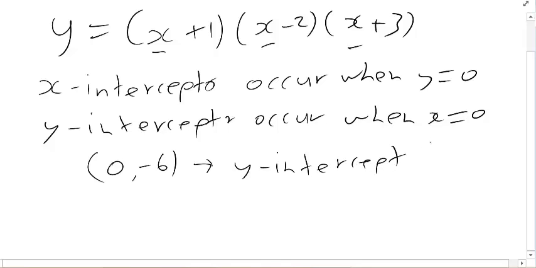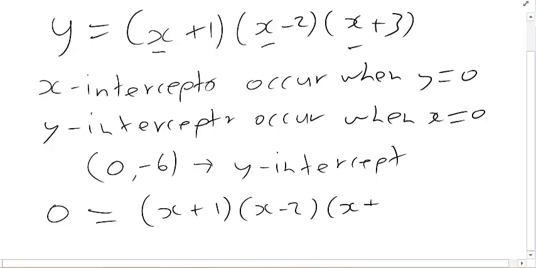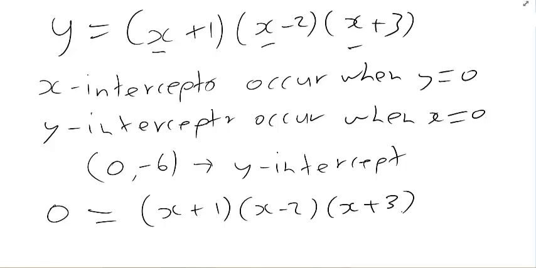We can also relatively easily determine our x-intercepts. We set y equal to 0, and we have our three factors, which are called linear factors, because if you made them equations individually, they'd be straight lines.